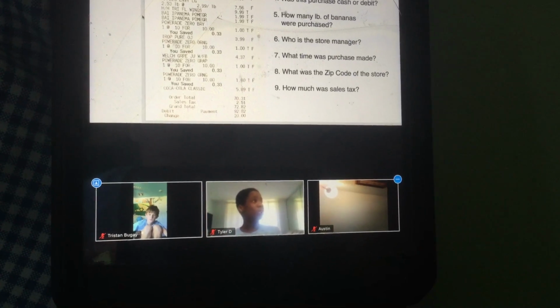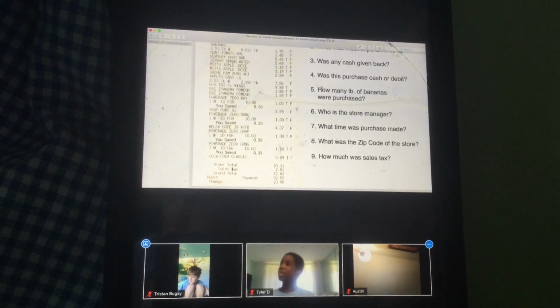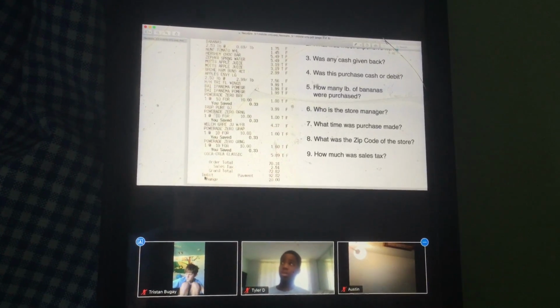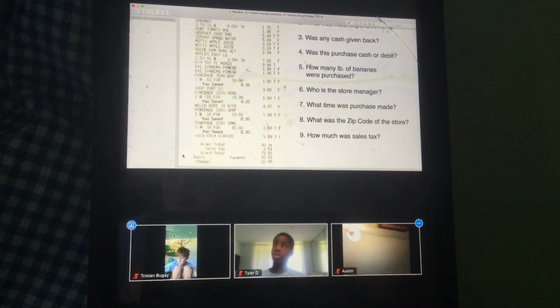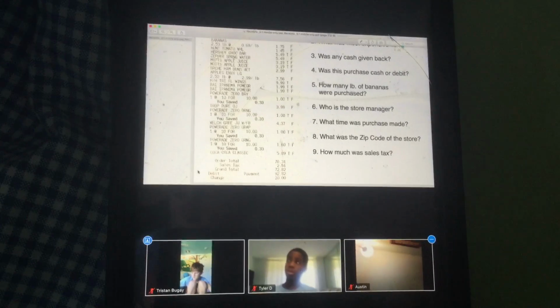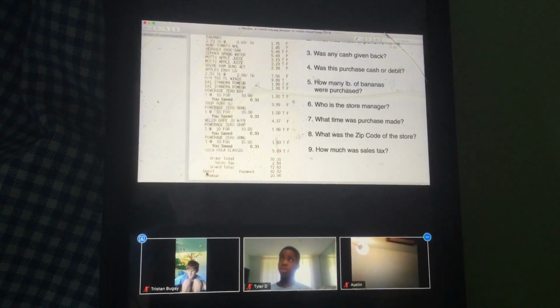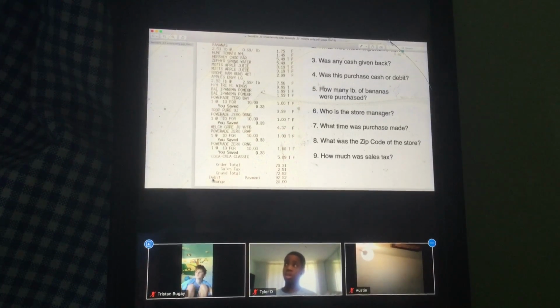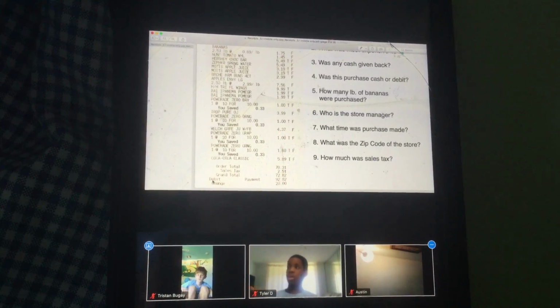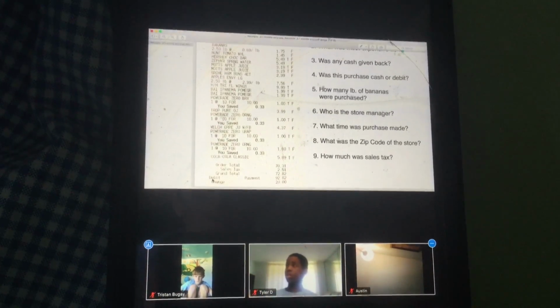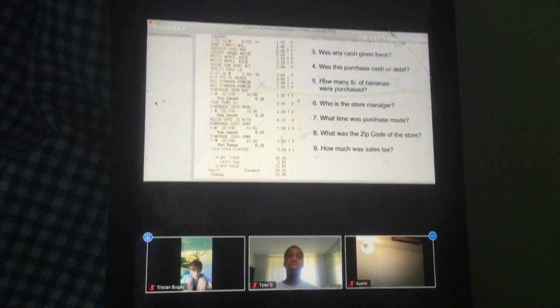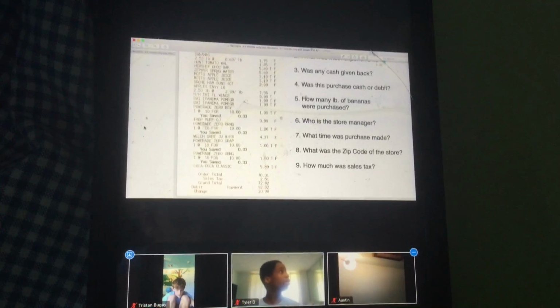Yep, you see it says debit payments on the bottom, the second to bottom line. So where it says debit, that tells you it's a debit card. If I paid cash, it would say cash there. So if you went shopping and you wanted cash back, they're going to say, no, you used a debit card. And so you won't get the cash back, but you'll get a credit on your card.